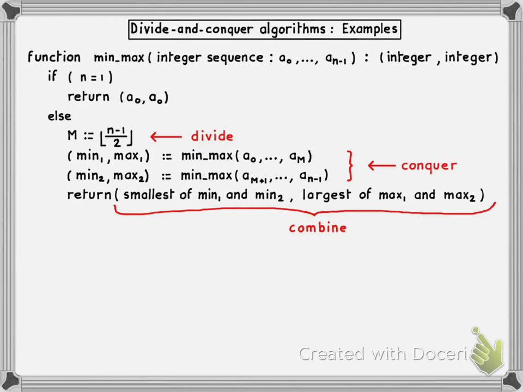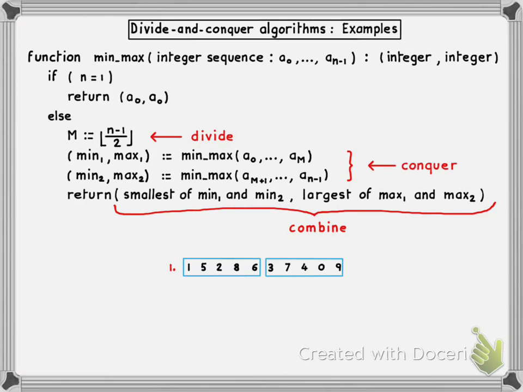So let's conclude this segment by giving an overview trace of this algorithm on this input sequence, which has, again, 10 elements. So the divide step is going to split the sequence into smaller sequences, in this case these two approximately equal length subsequences.